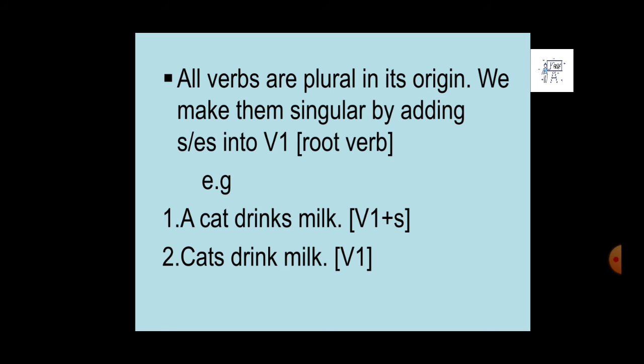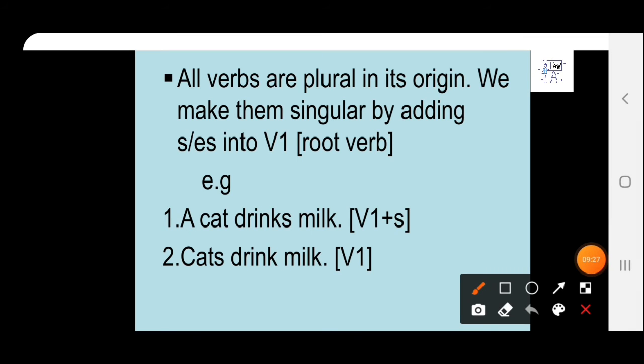When the subject is singular, we use s or es with the first form of the verb, and when subject is plural, there we use only root form of the verb.